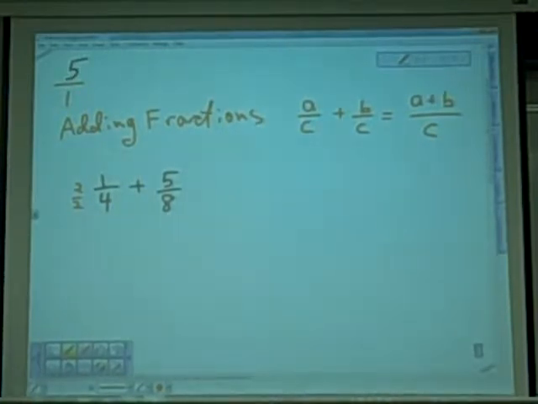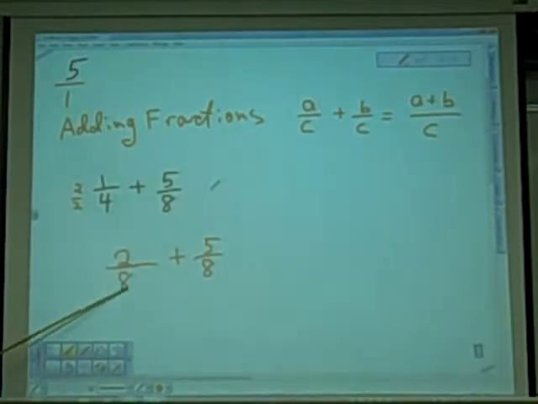Okay, and so that gives us 2 times 1 is 2, 2 times 4 is 8. So that's 2 over 8 plus 5 over 8. So we get our common denominators here, but we haven't changed the fraction because if you simplify it, it still comes out to be 1/4. Okay, and so we can go ahead and add these two.